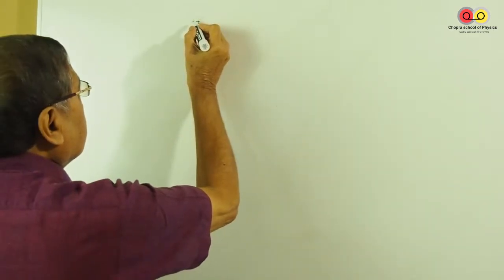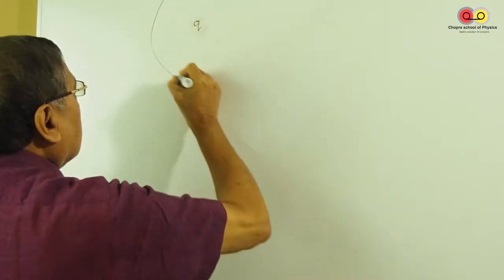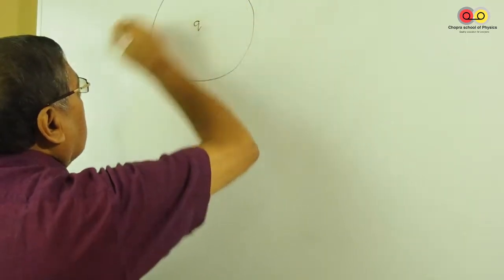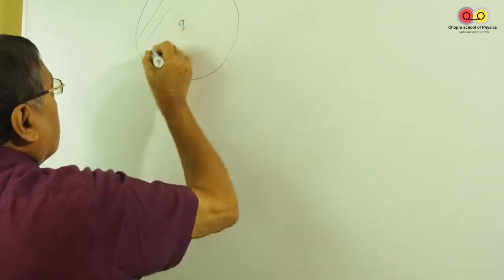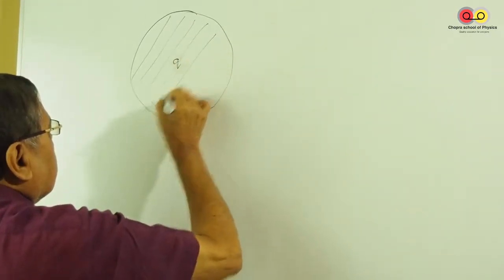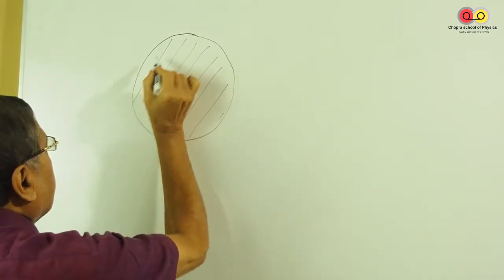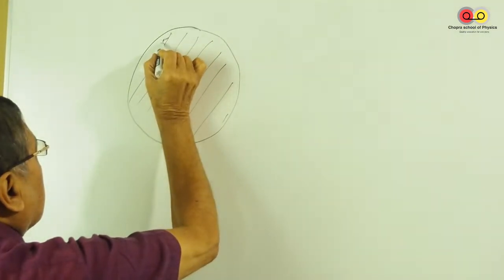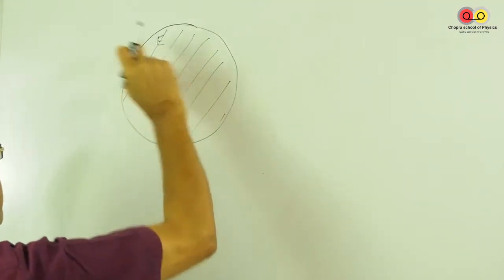Around the source charge, we draw a boundary. Now this whole region around the charge is supposed to be the electric field. So this charge has generated an electric field.